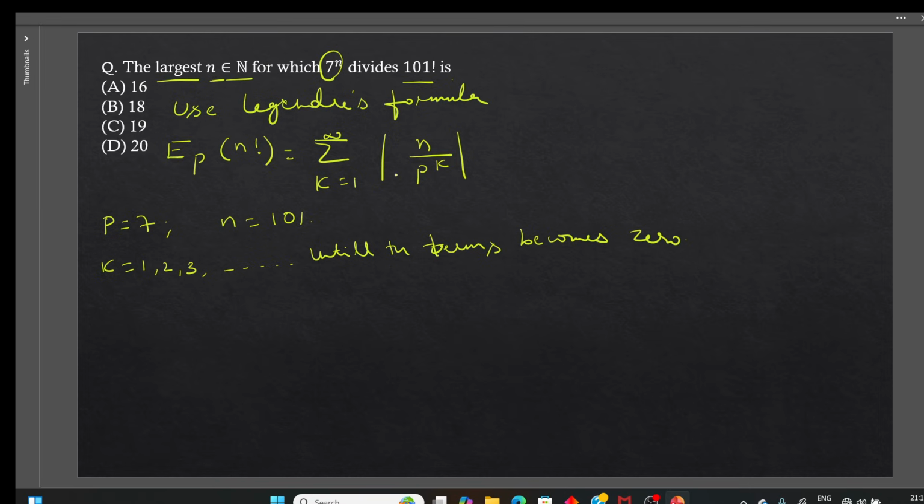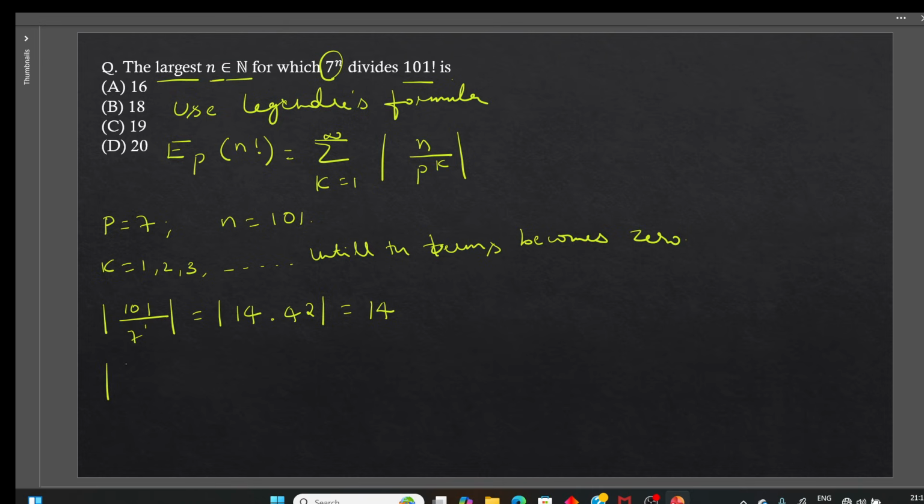Let's substitute k equal to 1. We get the floor of 101 by 7. When 101 is divided by 7, we get approximately 14.4, which is written as 14.